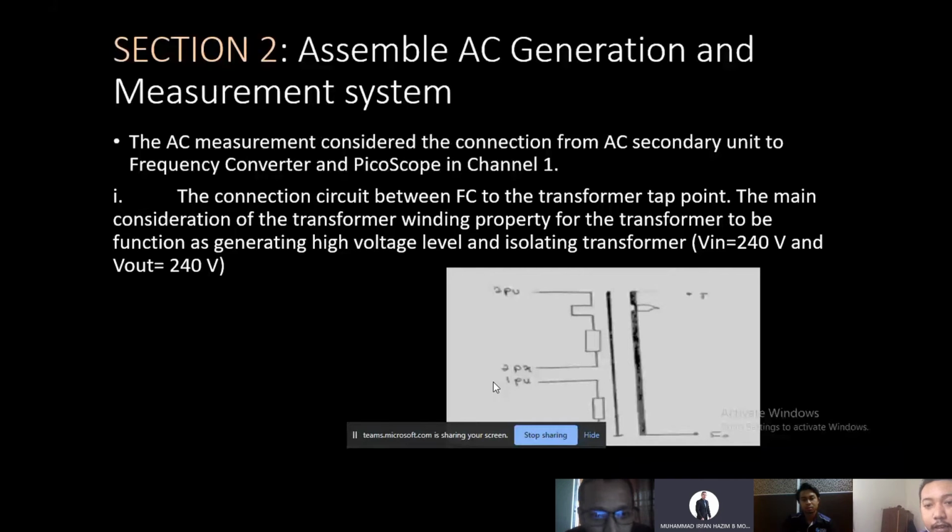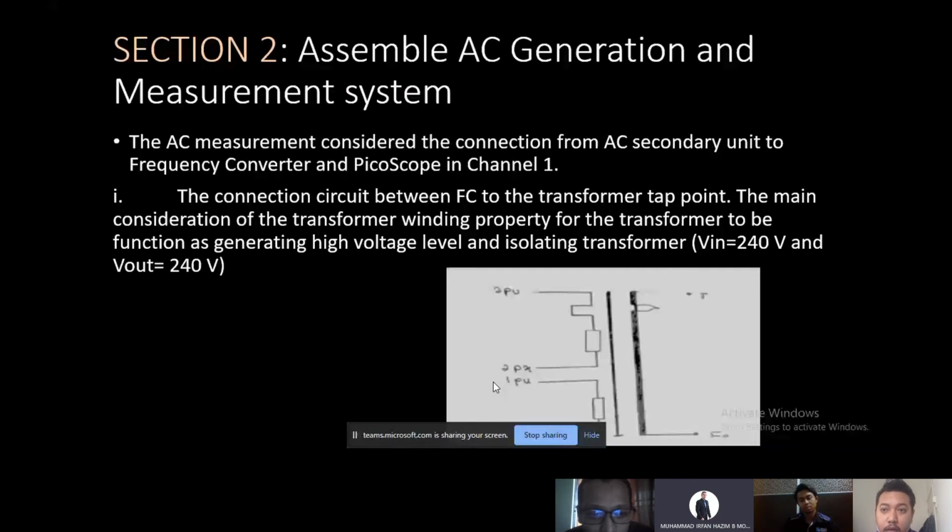Okay, thank you, Azim. For Section 2, assemble the AC generation and measurement system. The AC measurement considers the connection from the AC secondary unit to the frequency converter and PicoScope in channel 1. For the first, the connection circuit is between the FC and the transformer.